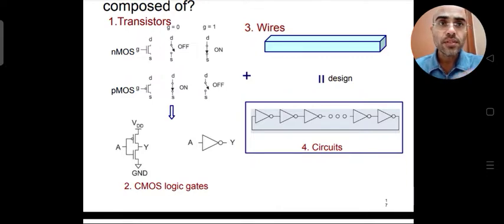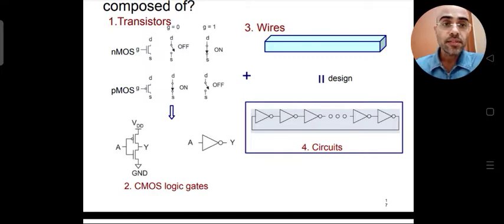The NMOS is the transistor which is connected towards the ground, in the pull down network, whereas the PMOS is used in the pull up network. So the idea from this slide which you can take is that the transistors are connected to form what is called the inverter. So the basic building block of all the digital integrated circuits, and usually also the analog integrated circuits, are inverters as well.